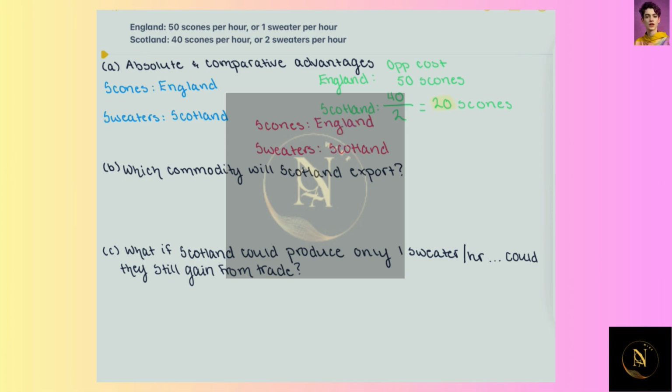Now that we've identified our absolute and comparative advantages, we can ask ourselves, which commodity will Scotland export? Well, we know that countries export and produce the good in which they have the comparative advantage. So because Scotland has the comparative advantage in sweaters, Scotland will export sweaters.